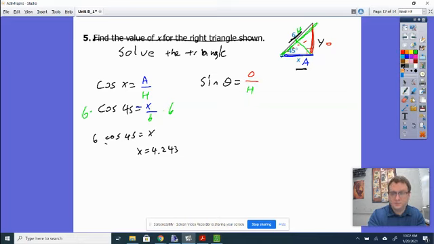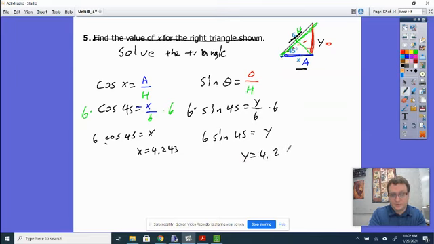Same thing. Sine of 45 is equal to opposite, which we don't know, hypotenuse, which is 6. Again, a nice one where it's nice on top. So 6 sine of 45 is equal to y. And if I plug that in, I am going to get the same thing.